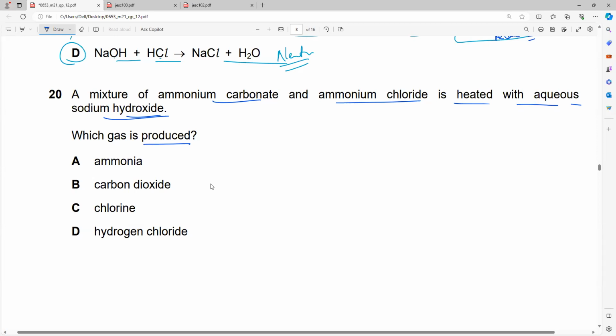It's ammonia gas. Yes, ammonia gas will be produced. Make a note of it, everybody.